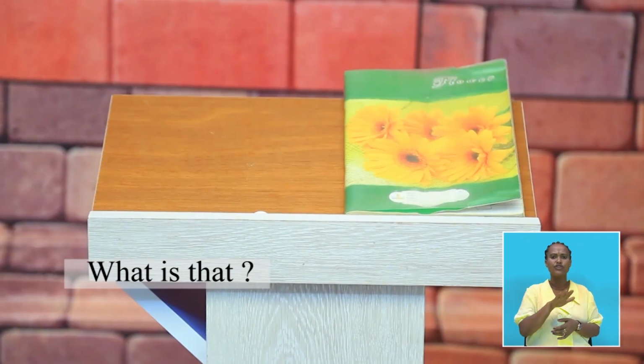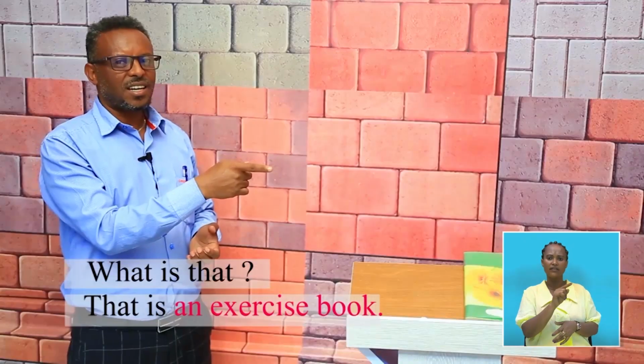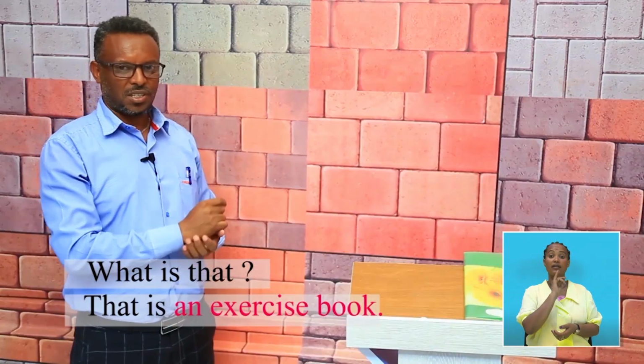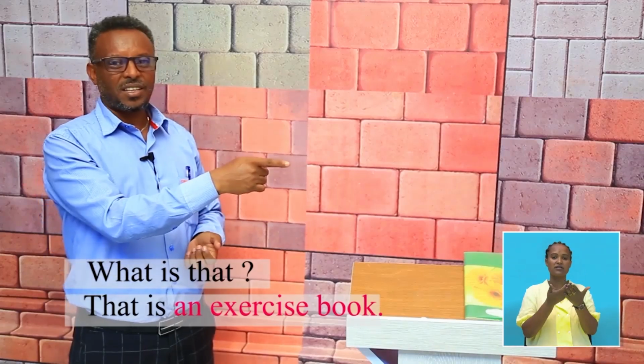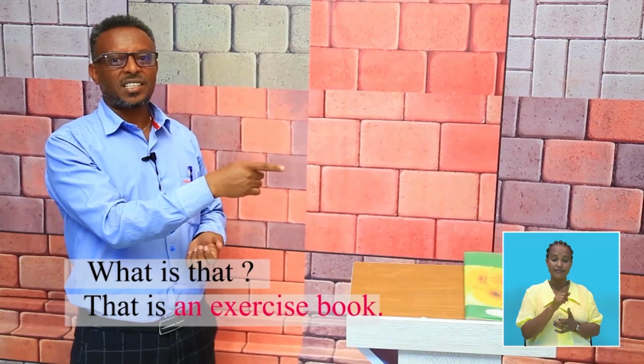Good. Here is also another object on the shelf. What is that, children? That is an exercise book. Look, there is also another object on the shelf.